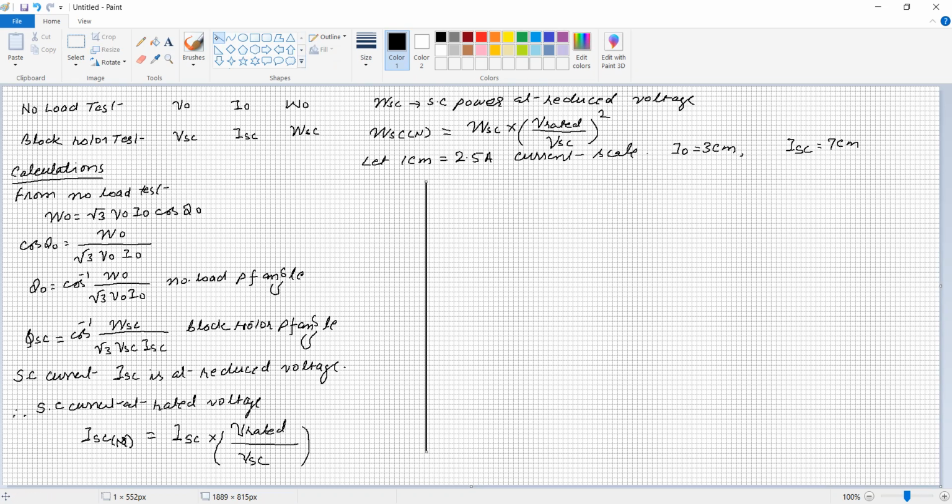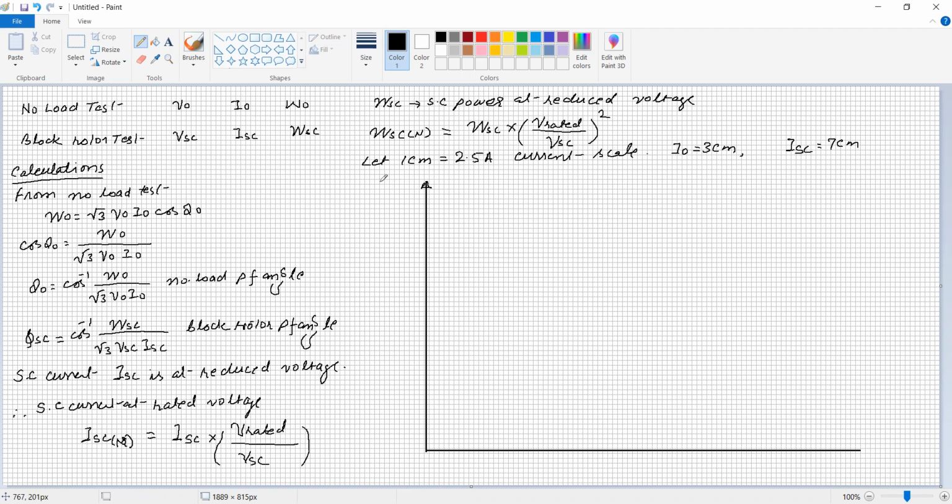It is very interesting. The circle diagram gives a lot of data. So we will take the x-axis and y-axis. We assume this is the voltage V1.